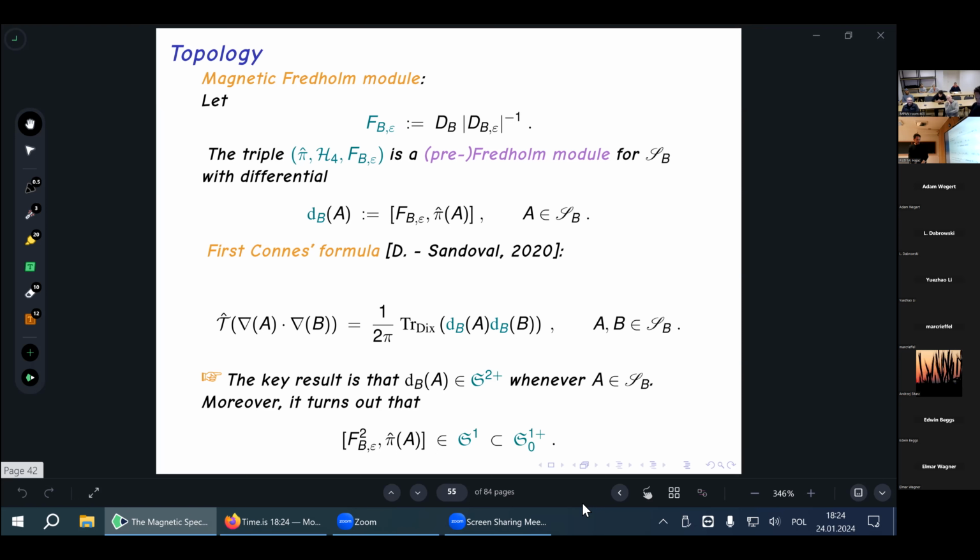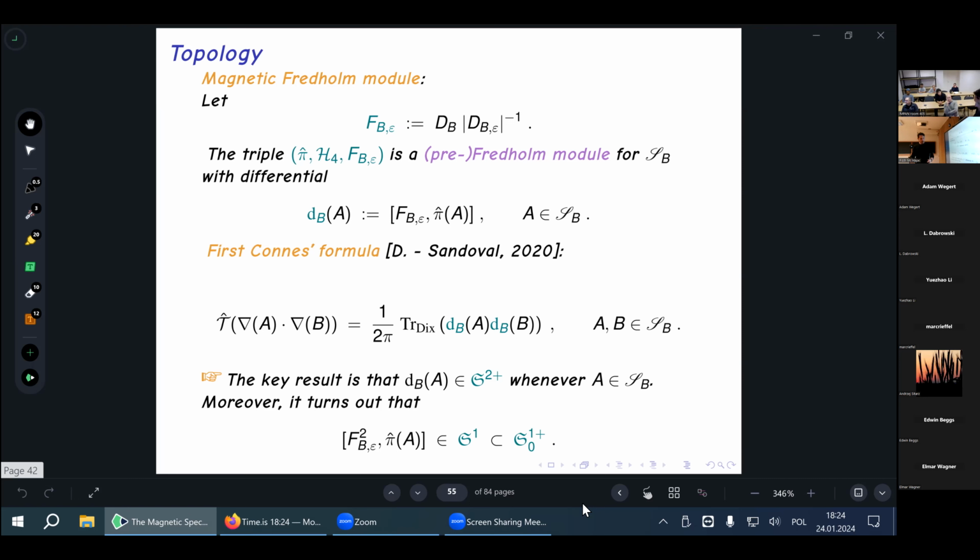There is a key point here to understand a bit the result that I will give you in the next slide. When I take an element of this pre-Schwartz algebra, and I construct the differential with this Dirac phase, it happens that these guys are in this space that I called S2 plus.